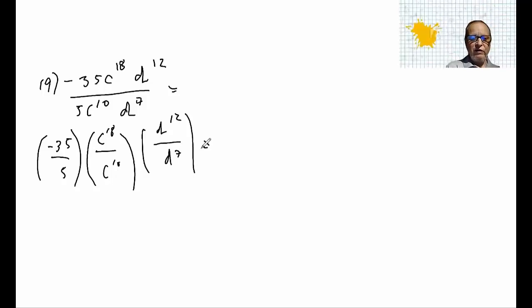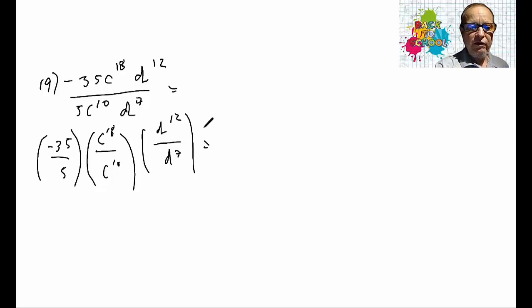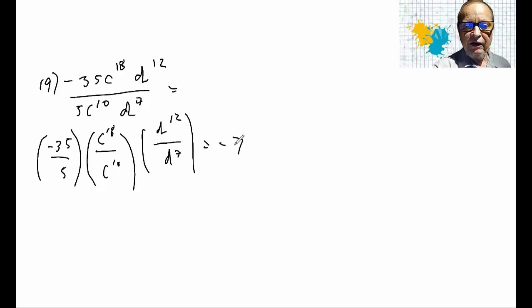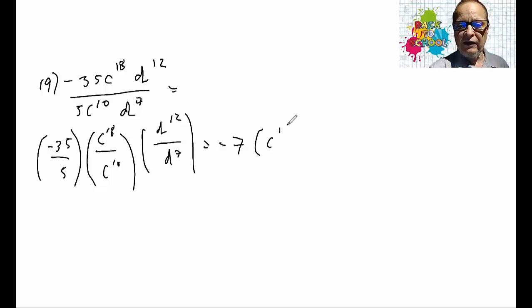So my first one here, I have negative 35 over positive 5. Well, a negative over a positive means it's negative. So we get negative 7 here. And then for the next part, we get c, 18, using our quotient rule, minus 10.